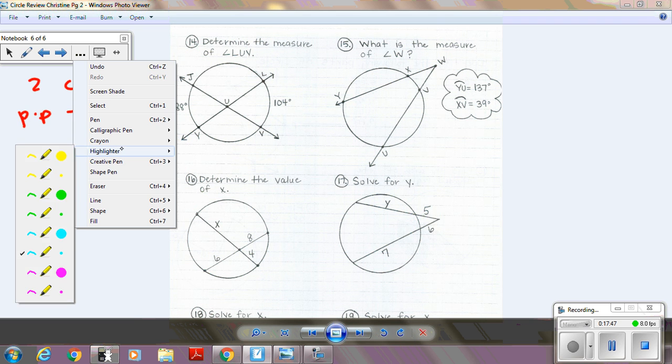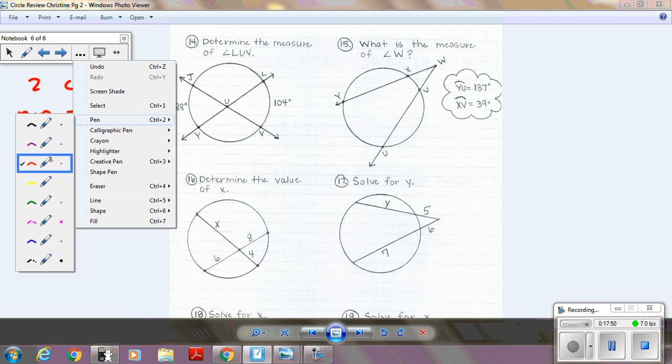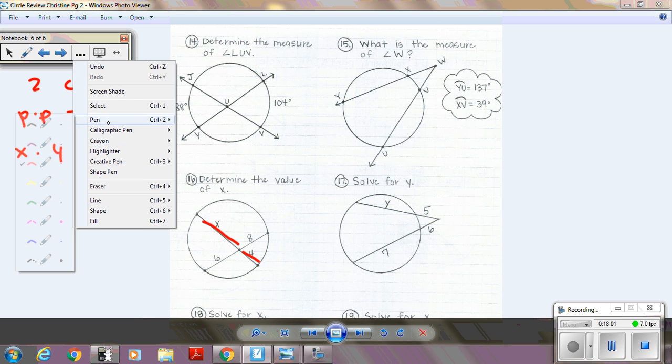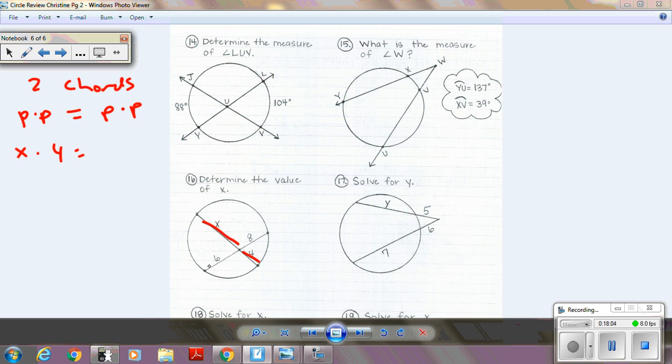So that would mean that this part, x, times this part, 4, is equivalent to this part, 6, times this part, 8. All right, so now that we know that, let's go ahead and multiply. That will give us 4x is equal to 48. Divide both sides by 4. And x is equal to 12.